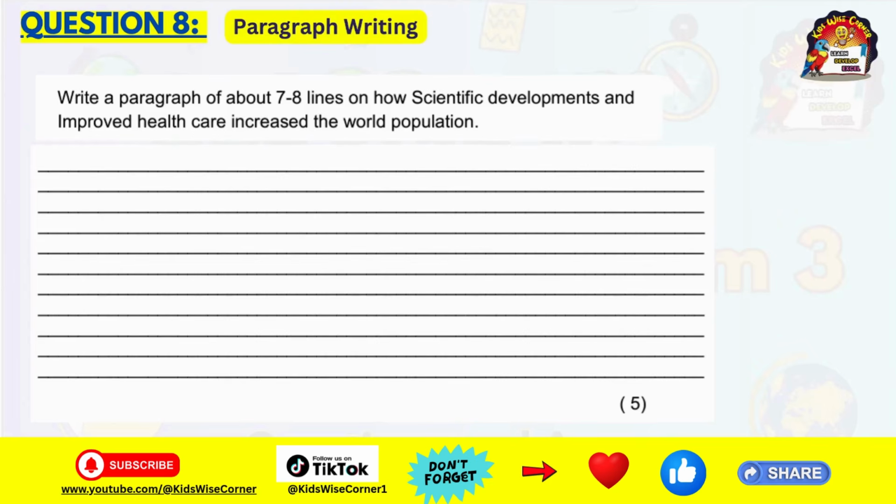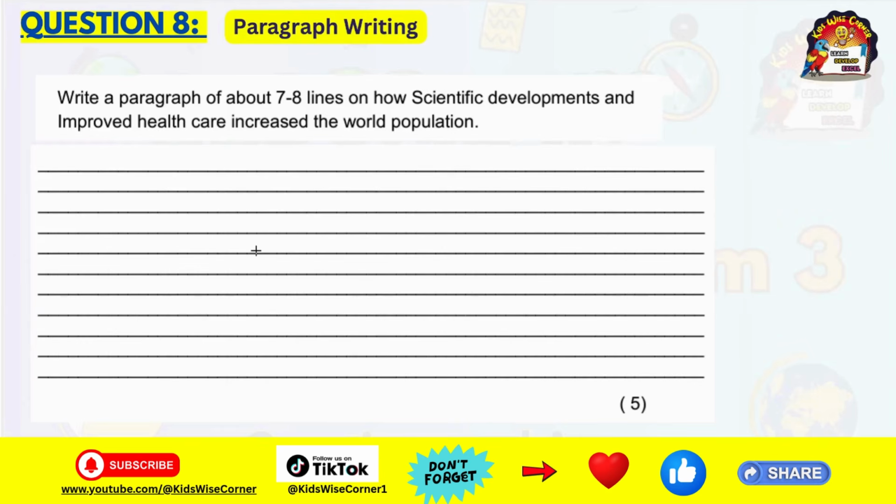Okay. Question 8, paragraph writing. Write a paragraph of about 7 to 8 lines on how scientific developments and improved healthcare increased the world population. So here, scientific developments and improved healthcare have helped increase the world's population because better medical treatments have reduced death rates, vaccinations have prevented deadly diseases, and we've got improved farming methods which led to more food, which actually prevented hunger and malnutrition.